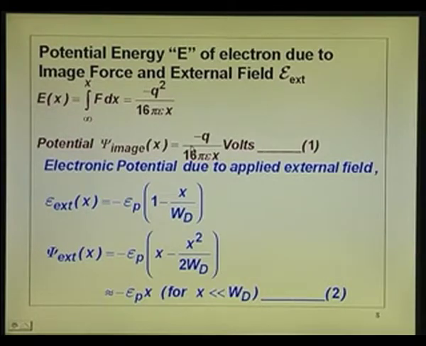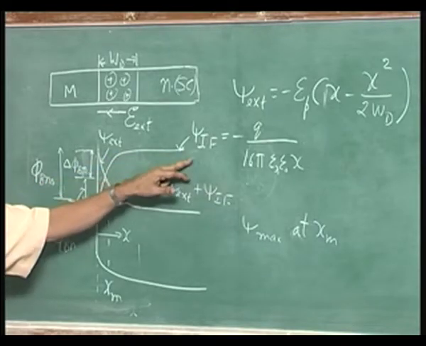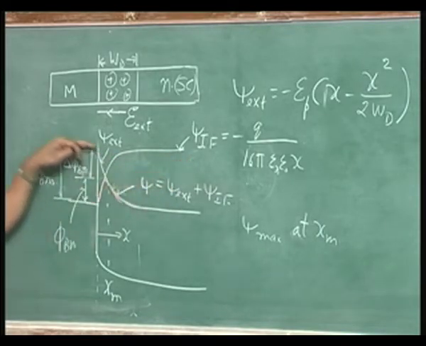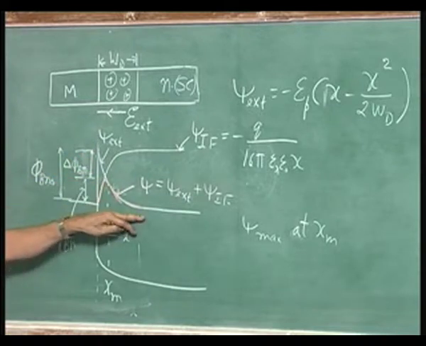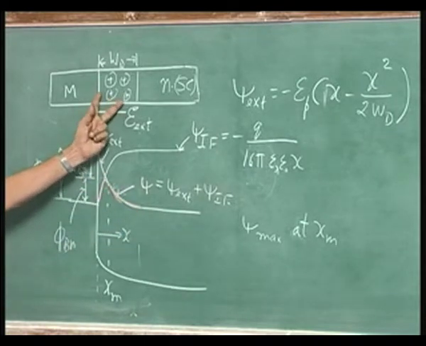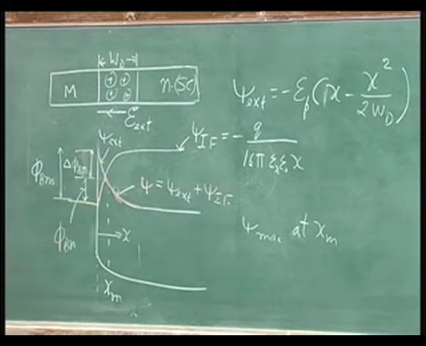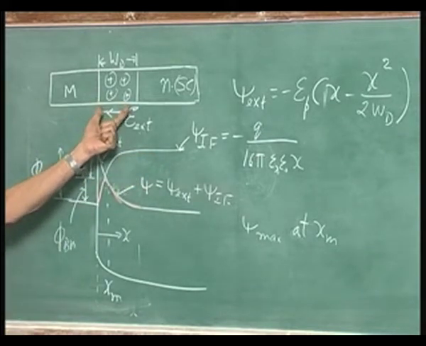Now, in the absence of the image force potential, this is the image force potential psi. We usually plot the energy band diagram like this. In fact, that is the variation of the electronic potential or variation of electron energy. How do you obtain that? You just have the depletion layer there. We call it here E external, because this one is due to its image itself, but this field is due to the depletion layer.